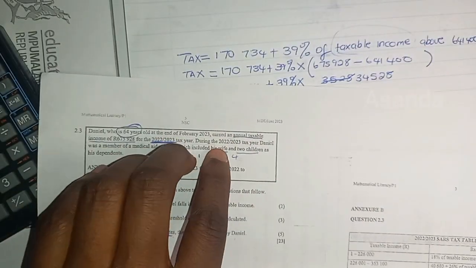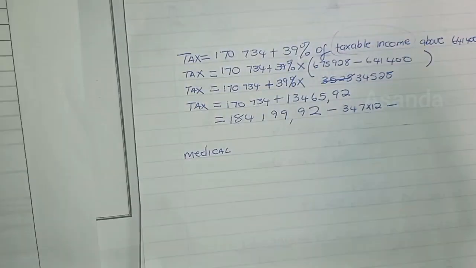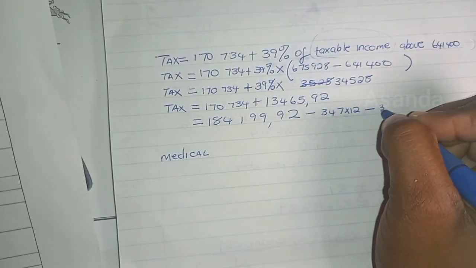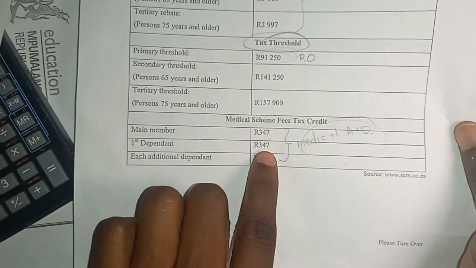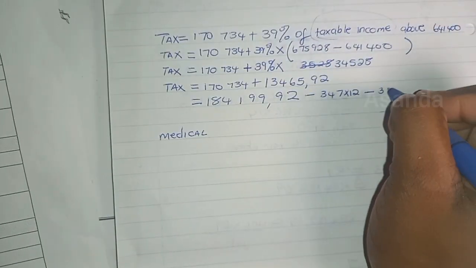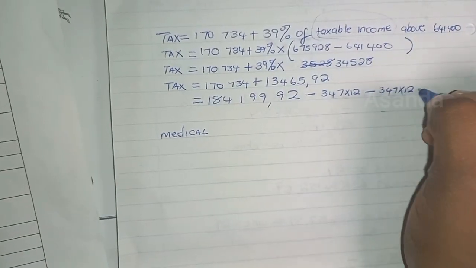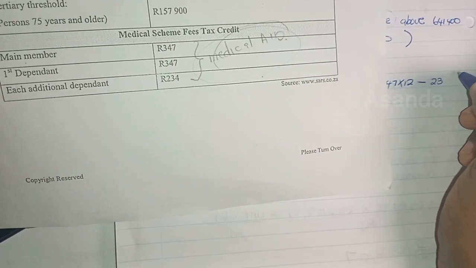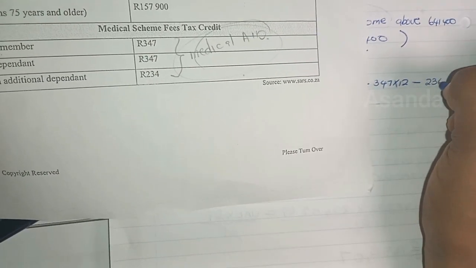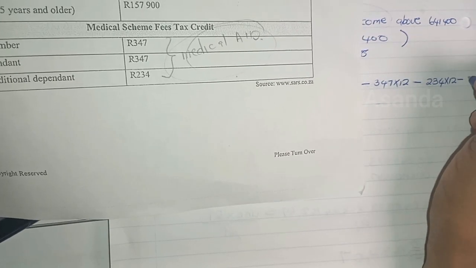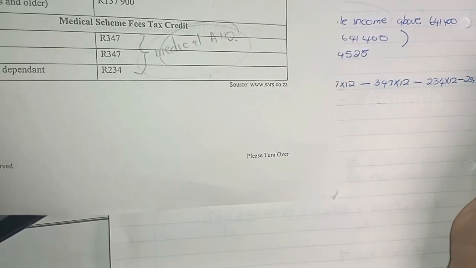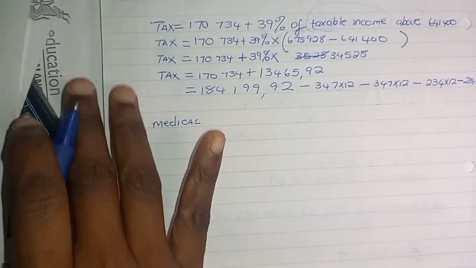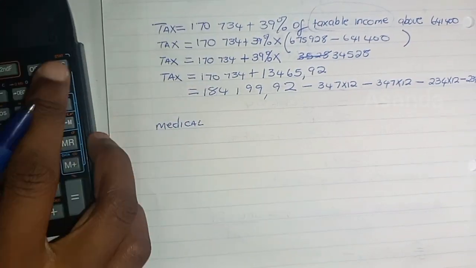So now we're going to minus his wife, which is 3. It says the additional one dependent is 347 times 12. And then we're going to minus the first child, which is 234. Each additional 234 times 12, and then we're going to minus the second child, which is 234 times 12, and then we're going to find out how much everything is after minusing.